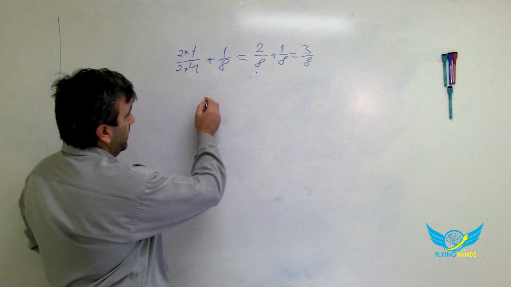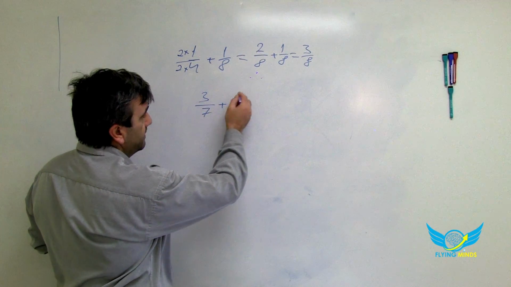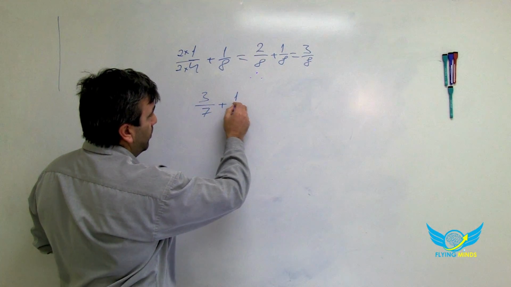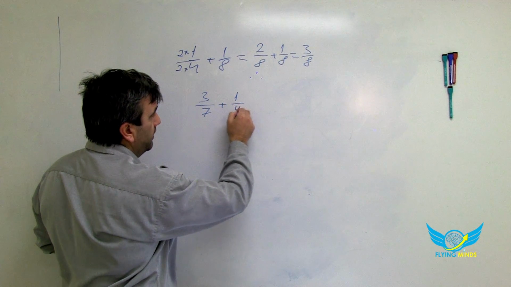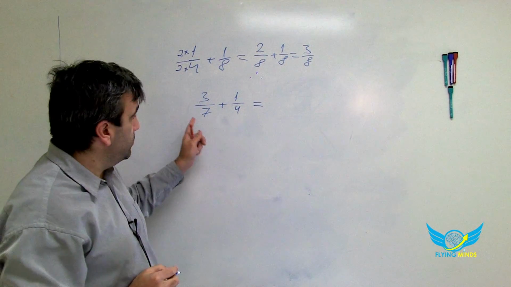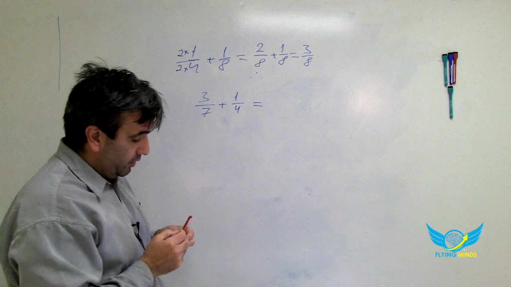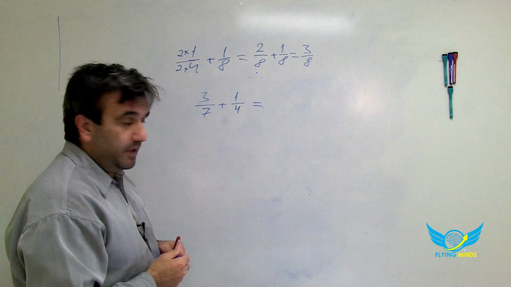Let's do another example. We have 3/7 plus 1/4. We have two fractions with different denominators, so we have to bring them to a common denominator.